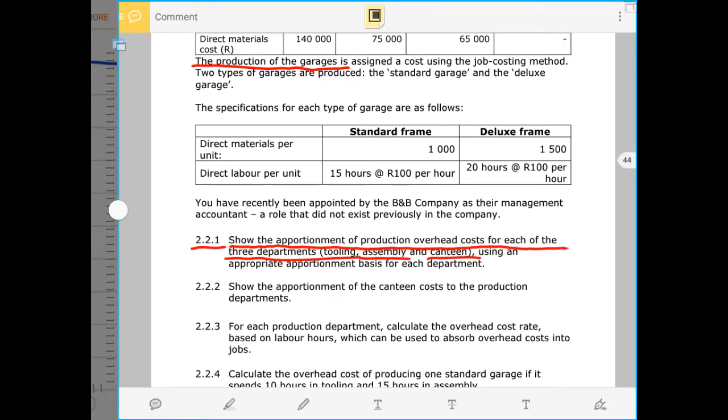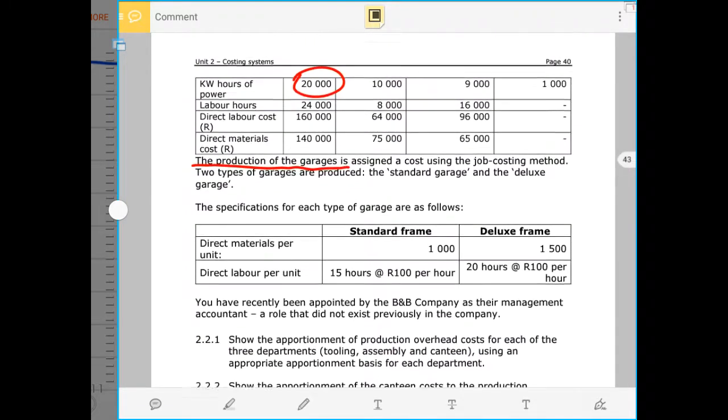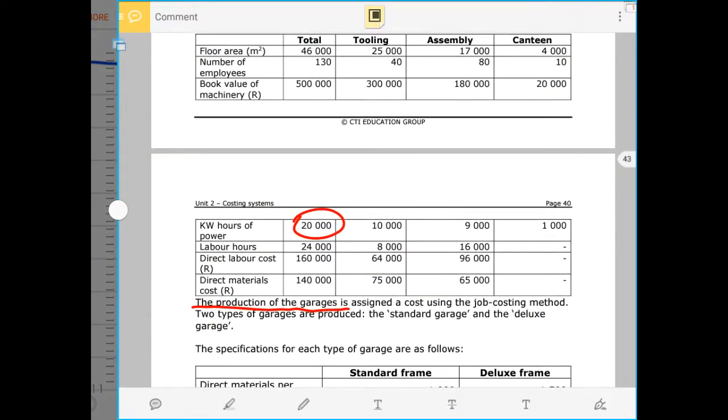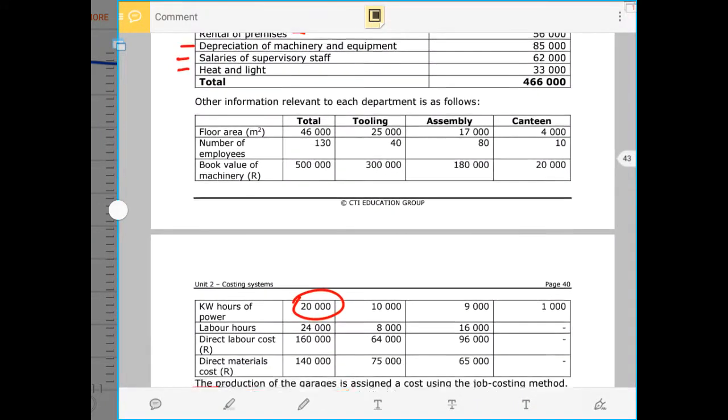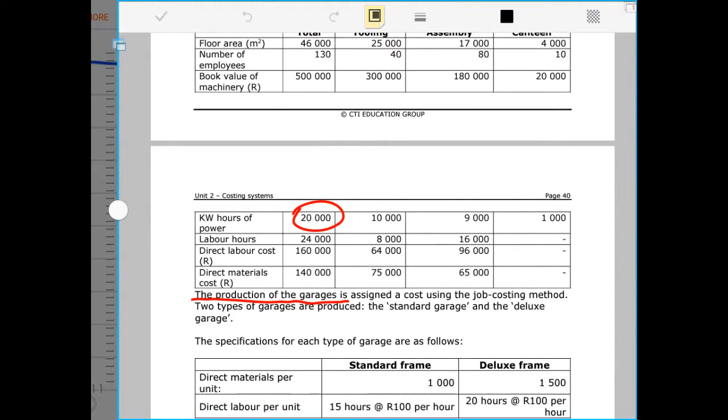So in simple terms, we are required to allocate all the overheads that we have to all the departments that we have, being tooling, assembly, and canteen, using the bases of allocation that are given in the second table.